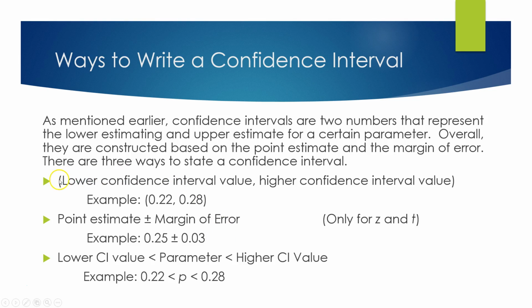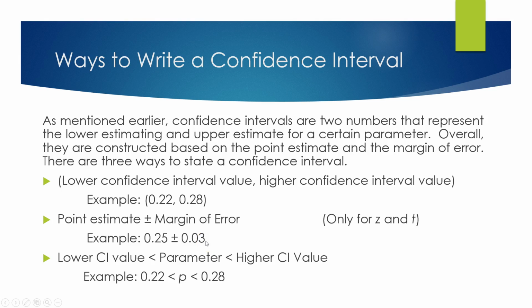In general, they're the lower number and the upper number. With this first example, we have the lower confidence interval level, a comma, the upper number, and then the values are in parentheses. You could also write them with your point estimate plus or minus your wiggle room, which is also known as your margin of error.